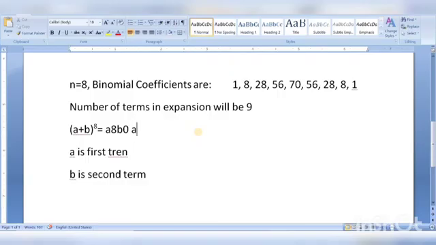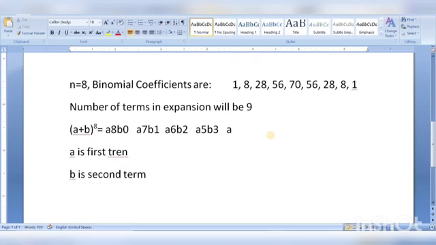Then I will get A raised to 7. Power of A will decrease by 1, so from 8 we get 7. Power of B will increase by 1, so here I will have A raised to 7, B to 1. Then in the next term, power of A decreases by 1, so A raised to 6 and B raised to 2. Then next term, A raised to 5 and B cube. Look here, powers of A are decreasing by 1 and powers of B are increasing by 1.